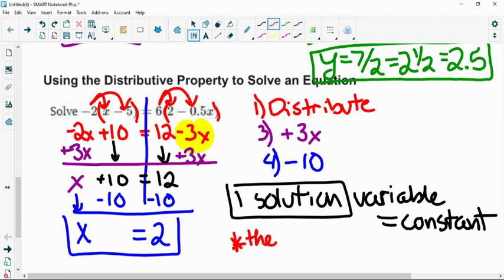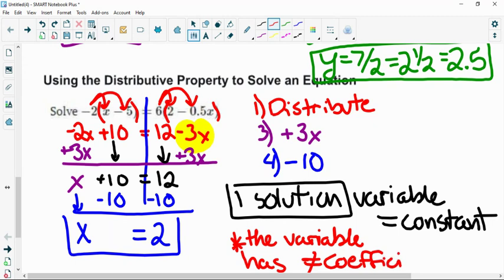The hint would be that the variable has different or not equal coefficients. And we'll have more examples where we can talk about that.